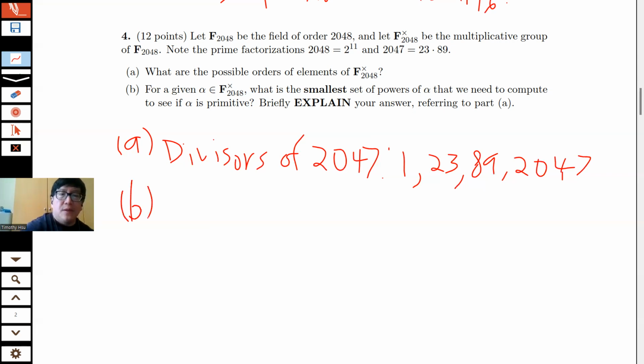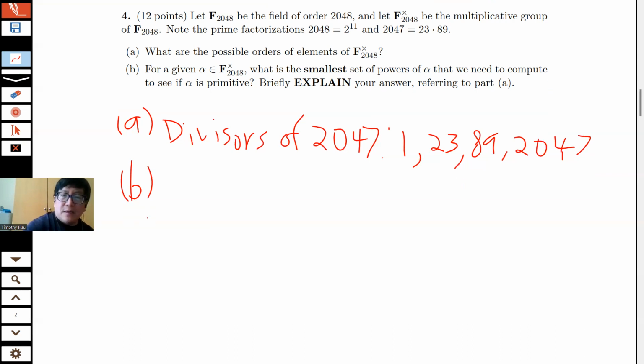Part B: for a given alpha in the multiplicative group, what's the smallest set of powers that we need to compute to see if alpha is primitive? Well, here's one possible answer.